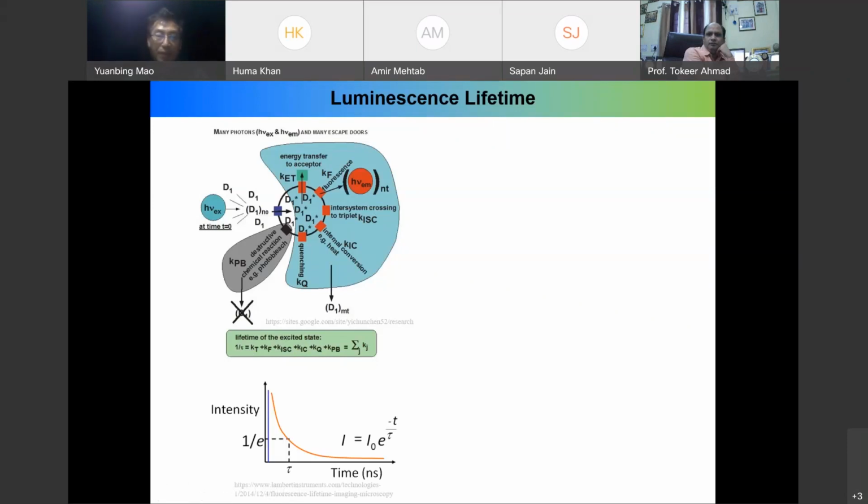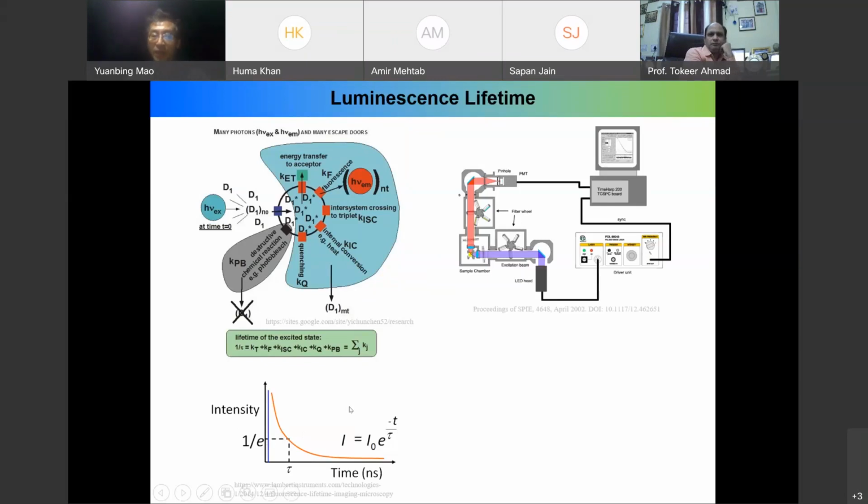A lot of times it may not be this complicated, depending on the time scale we are looking at. The important thing is that we excite, then the light will decay, and we will be able to get the decay time, when the intensity reaches 1 over e.